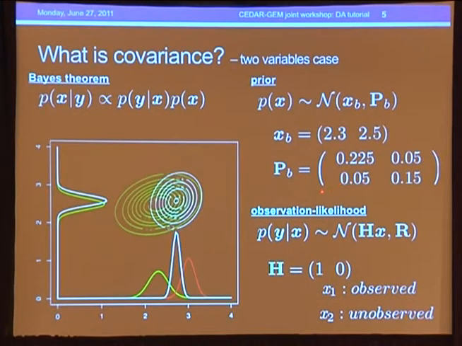For example, if this off-diagonal element is 0, that means there's no correlation, so there's no tilt in this joint distribution. Then there's no information that can be mapped from x1 to x2. So that's one way to understand the role of covariance: we can make an inference from the observation to unobserved variables using covariance.